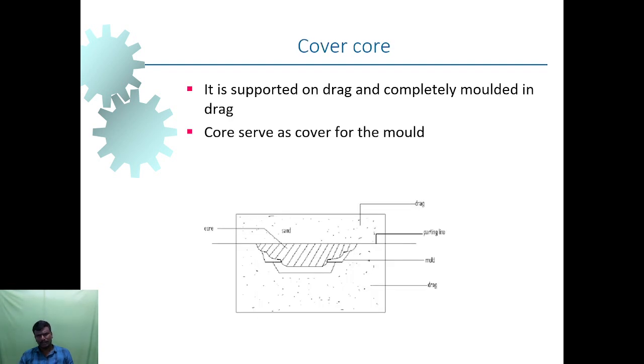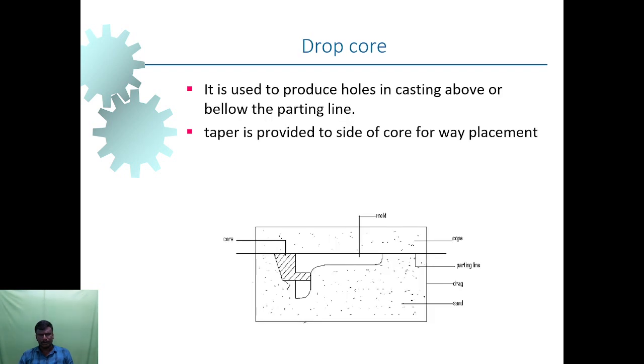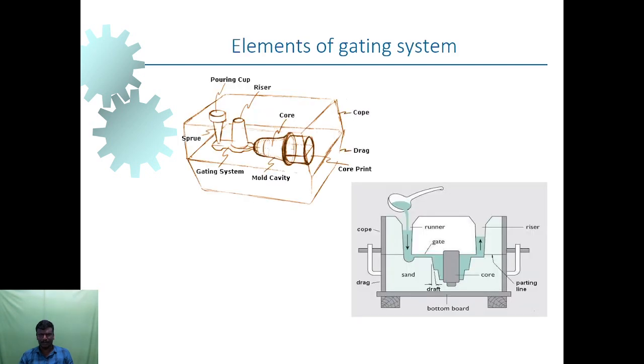The cover core is supported on the drag and completely molded in the drag. The core serves as a cover to the mold. The drop core is used to produce holes in the casting above or below the parting line. Taper is provided to slide the core into placement. The elements of gating system are sprue, pouring cup, riser, gating, core and mold cavity, cope, drag, core print.